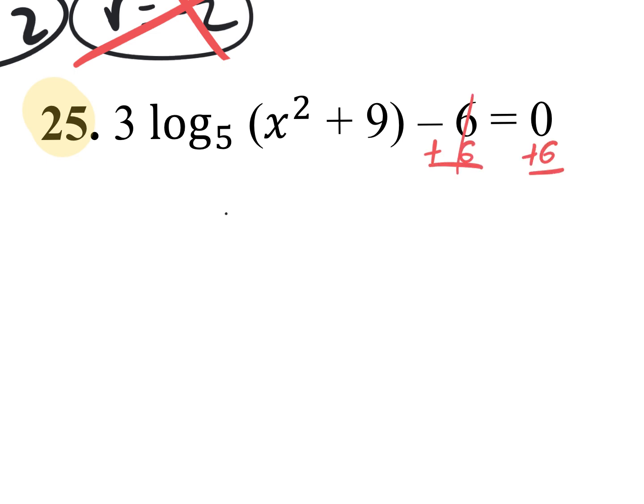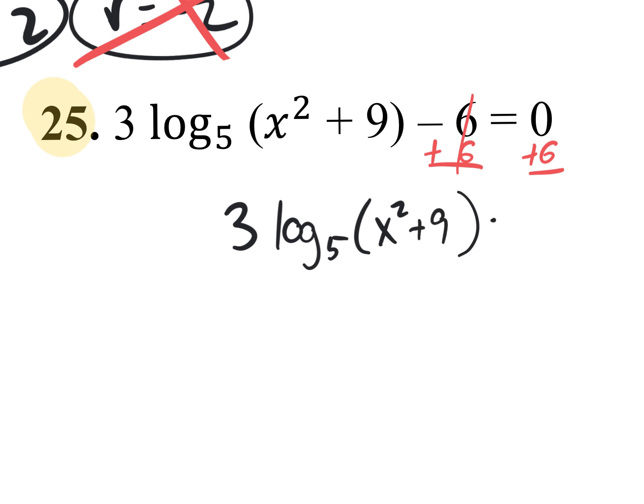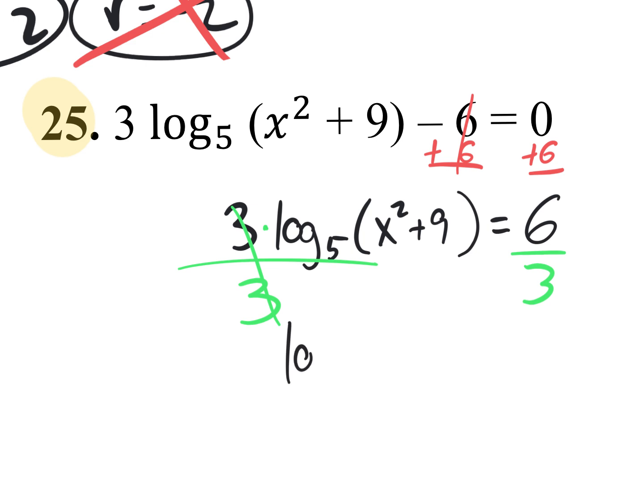You're going to have 3 times log base 5 of x squared plus 9 equals 0 plus 6, which is 6. Now, I could get rid of this multiplication of 3 by simply dividing the whole side by 3 and dividing the whole side by 3. Then you'll have log base 5 of x squared plus 9 equals 2.